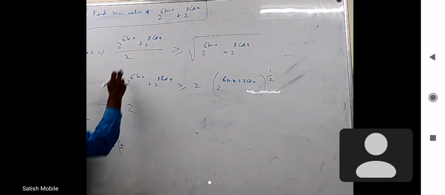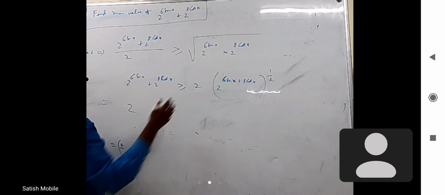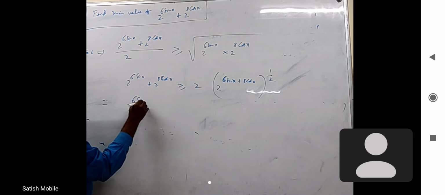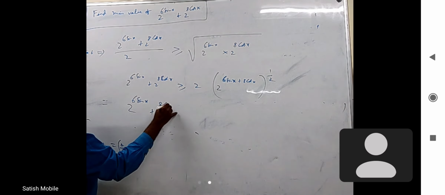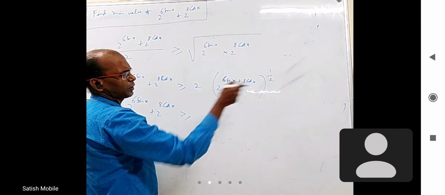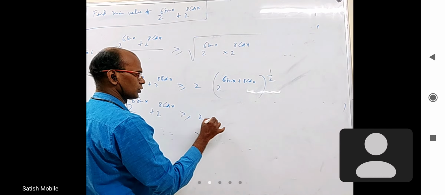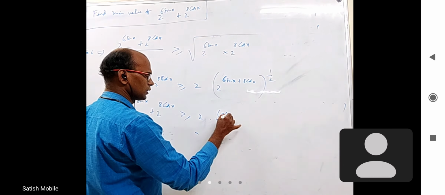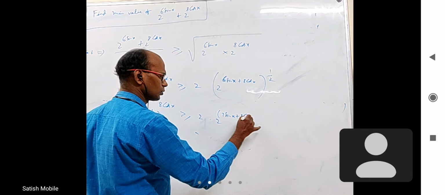I just brought this 2 here, the square root became power 1 by 2. When I take a power m whole power n, it is a power mn, I will get 2 into 2 power 3 sin x plus 4 cos x.